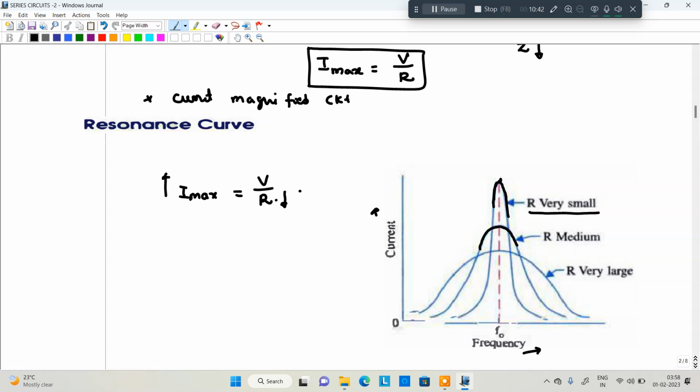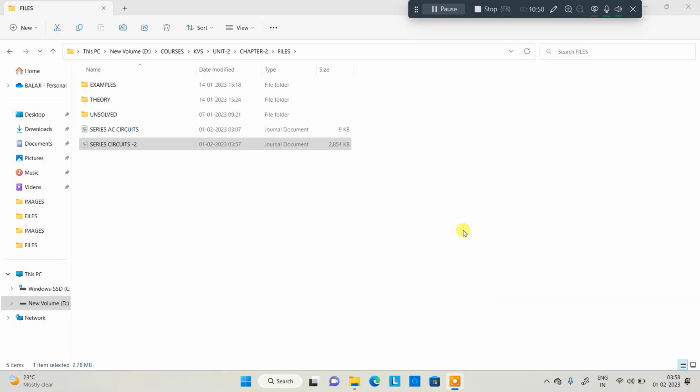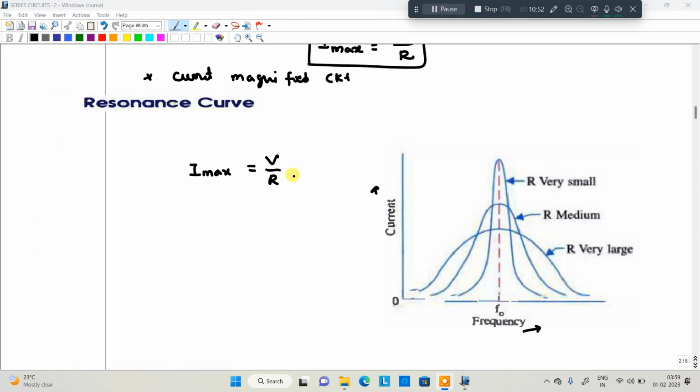Whenever resistance increases more and more, very high, the current decreases. See here, on this particular curve, the resistance is very high and the current value is very small. This is a flattened curve. So this is the resonance curve effect related to resistance.